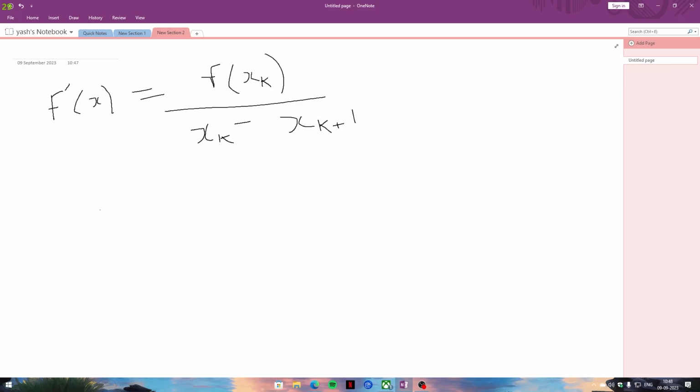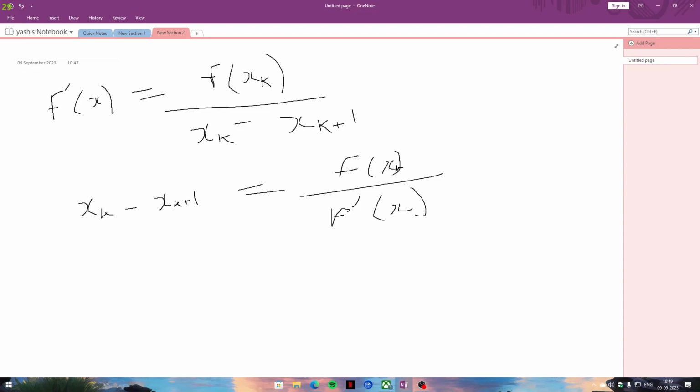If we rearrange this, we get xk minus xk plus 1 is equal to f of xk by f dash of x.